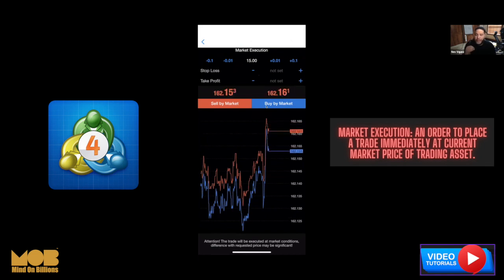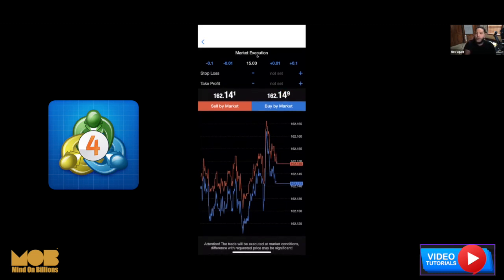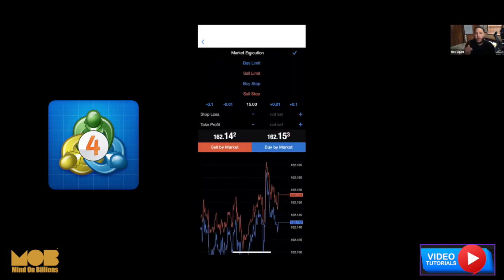So it'll immediately put you in a position right off the bat. A pending order, however, is when the market hits certain levels before the trade actually activates. So when you click on market execution, you're going to see some of the pending order options available. You're going to see it pull up right in front of you.